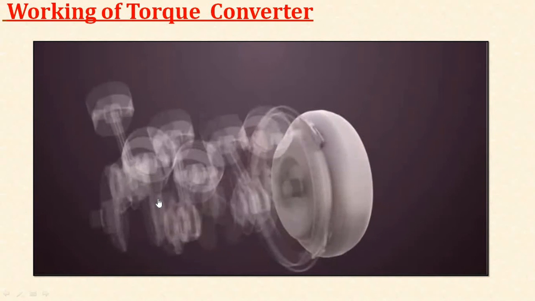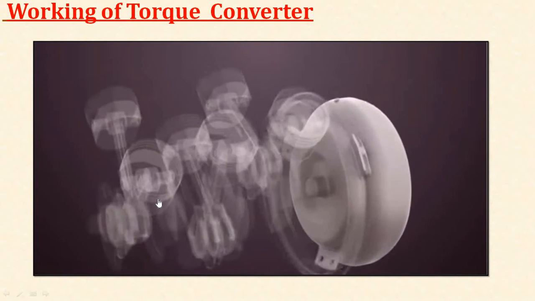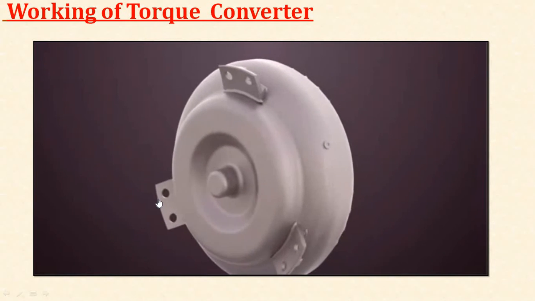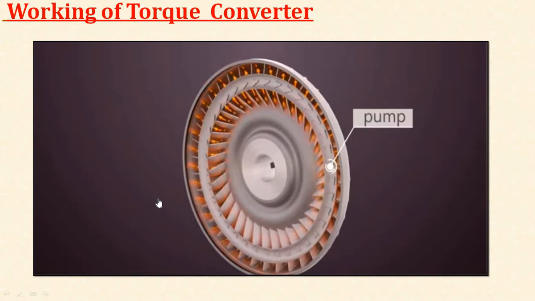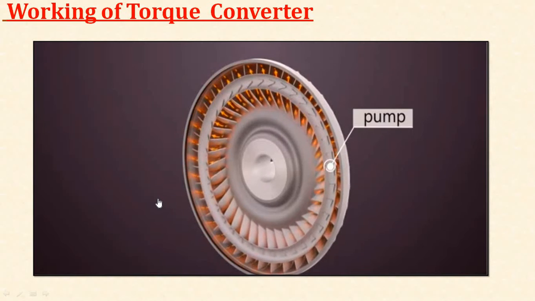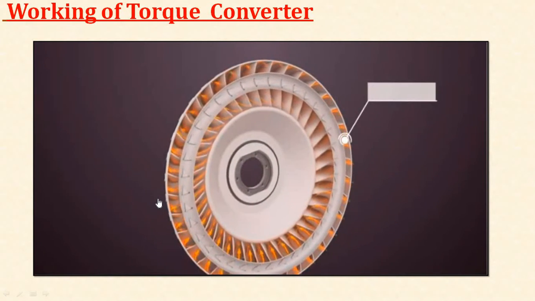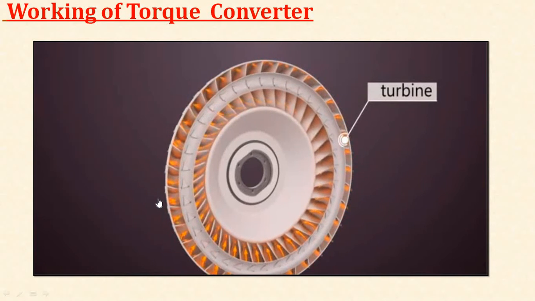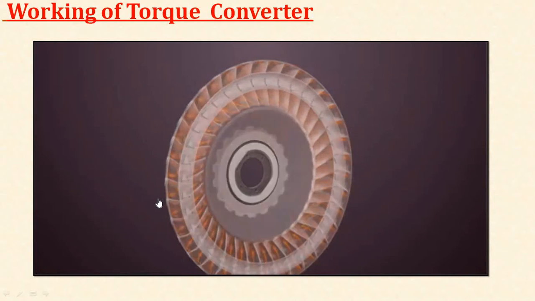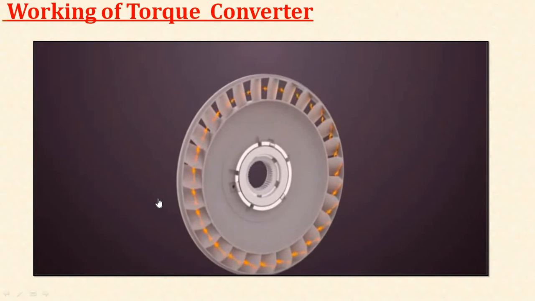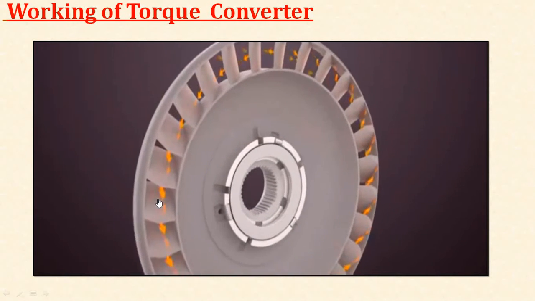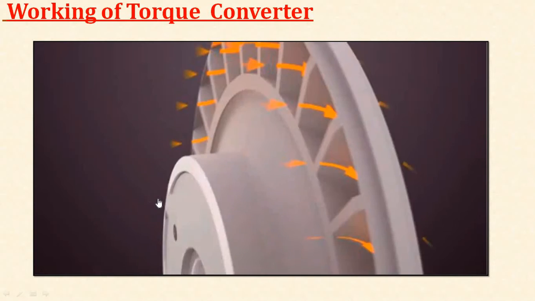The turbine blade angles are such that they change the direction of the oil flow, so that it comes out from the turbine at the center. The direction is effectively backward.